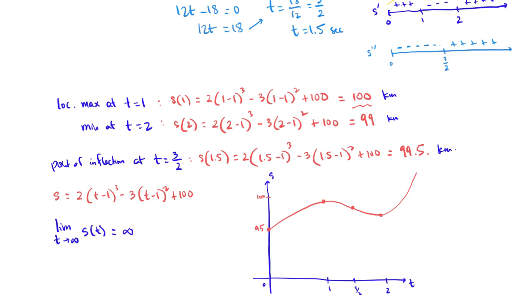After 1 second, it reaches its maximum distance at 100 kilometers, and then it will be coming closer to us at a decreasing rate or decelerating, and then it is accelerating, going faster and faster until it reaches its local minimum when t equals 2 seconds, at the distance of 99 kilometers. And then after 2 seconds, it keeps going further and further away from us.